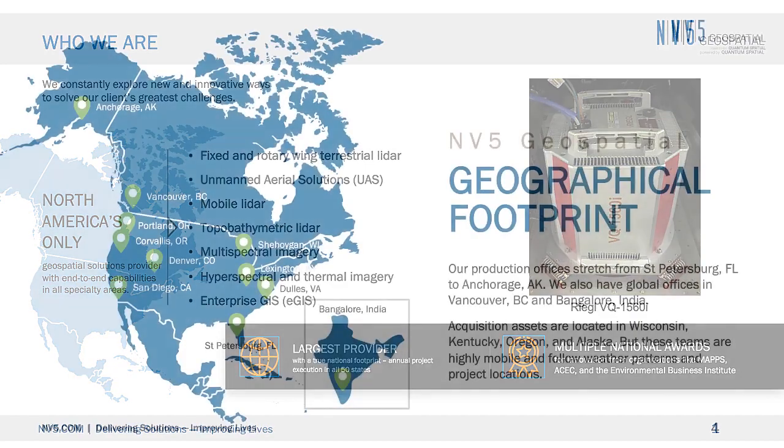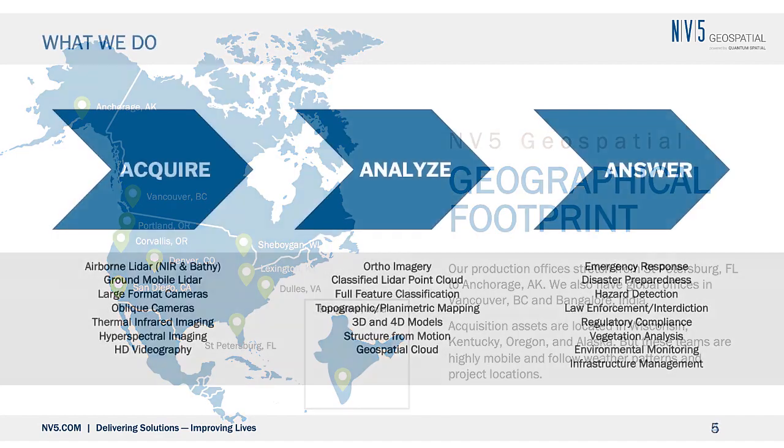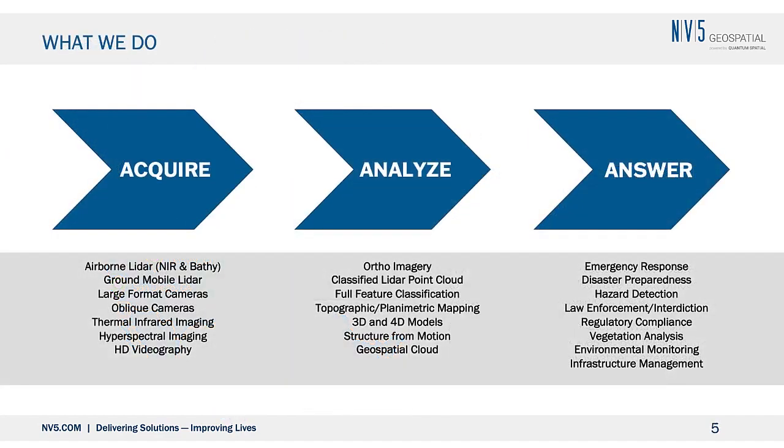We are national in scope. We do have a Canadian office, and we really do projects all over the US. We break our discipline down into three parts. We acquire data, the stuff that I just referenced. We analyze it, and then we answer questions.